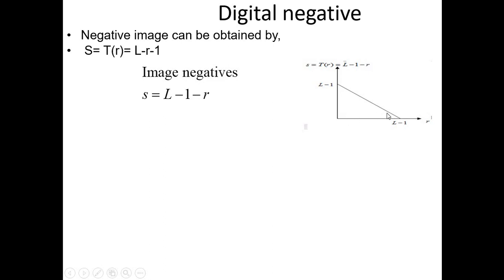If in the original image the pixel value is L minus 1, that is 255, it is transformed as 0. And the same is true for all the possible values of the pixel when you apply this transformation, and the realization of this equation is this line. This line is called the digital negative.